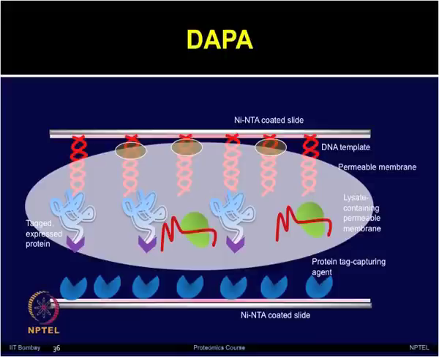In between these two slides, a permeable membrane containing cell-free lysate is placed. The protein synthesis takes place from the immobilized DNA spots. The newly synthesized proteins can penetrate this membrane and bind to the surface of the capture slide.